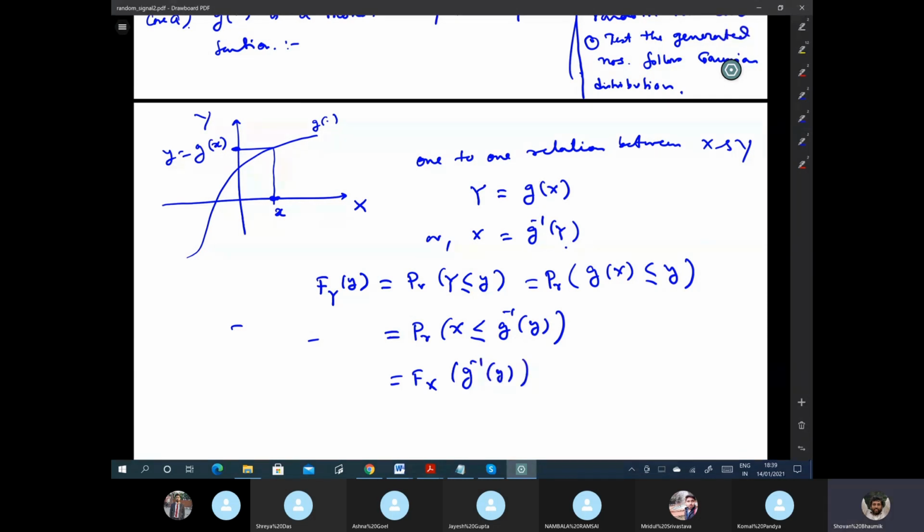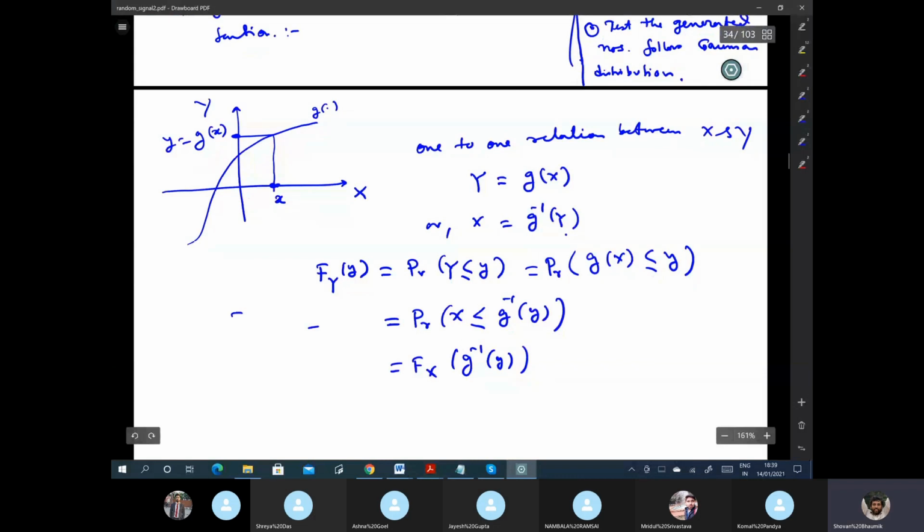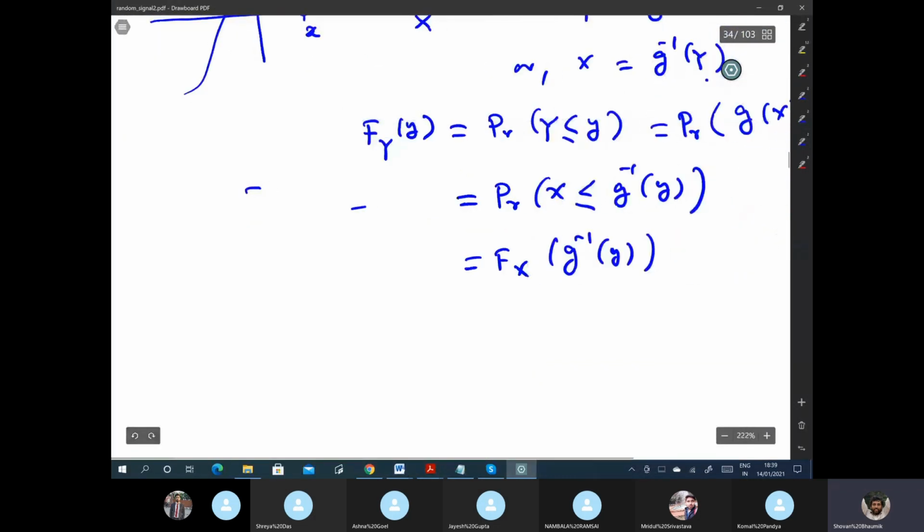You see how we are writing F_Y. So what formula did we get? F_Y of y equals F_X of g inverse y. That means if we know F_X and we know g, then we get g inverse y, and that gives F_Y.